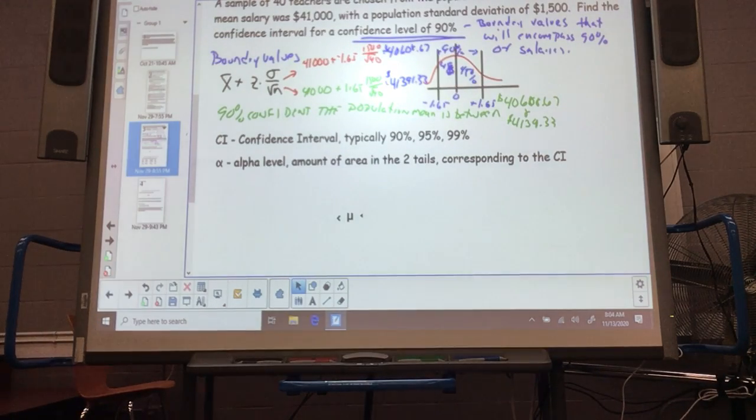Most confidence intervals are going to be either 90, 95, or 99%. An alpha value can be calculated also. It's a level or amount in the two tails. It's basically the percent that you're not confident.